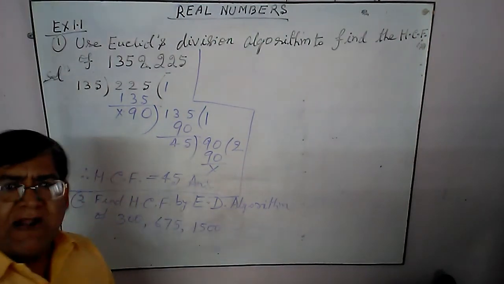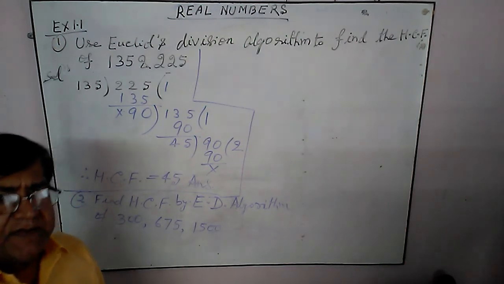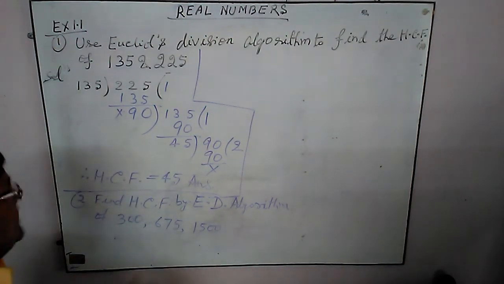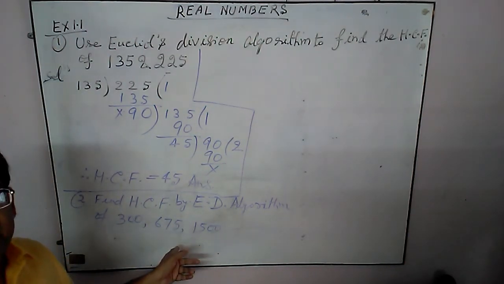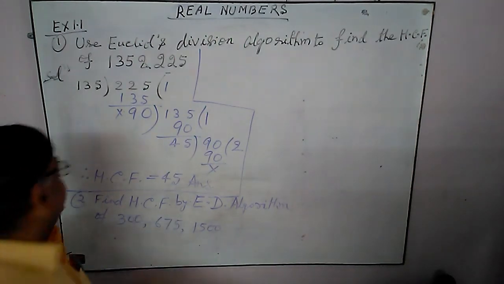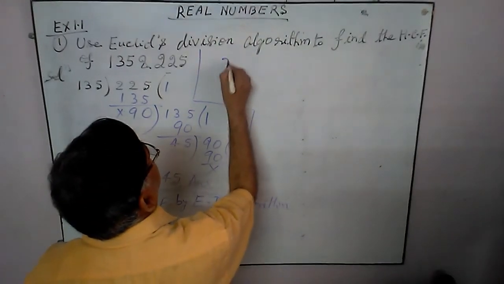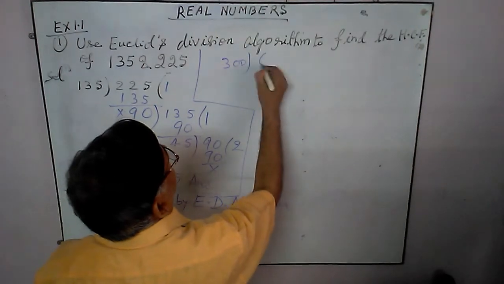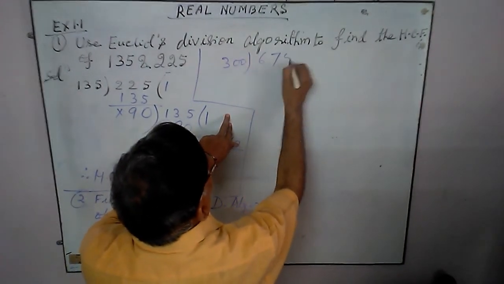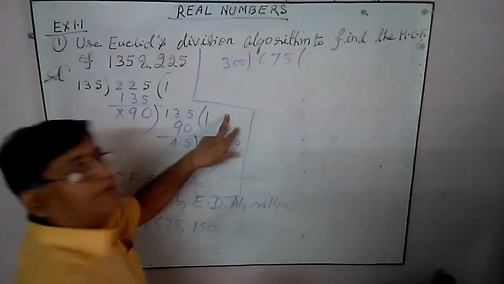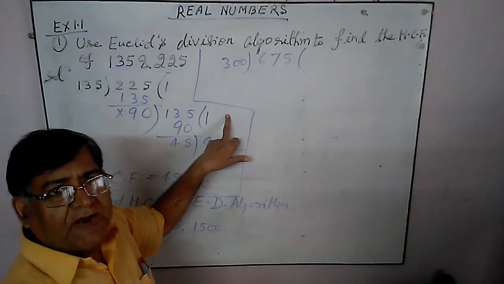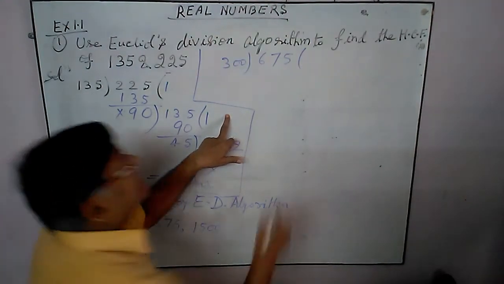You can take any numbers, the answer will be the same. The answer will not change. Start by dividing 675 by 300. It will go 2 times, 2 times 300 is 600.